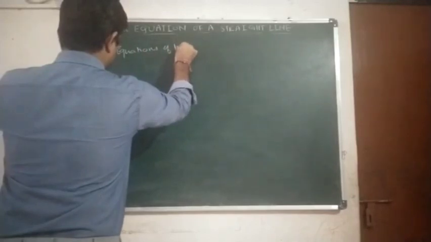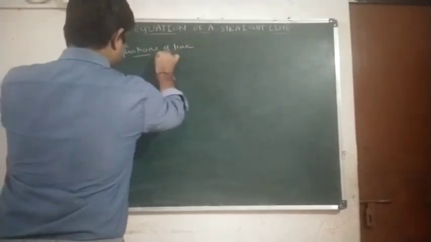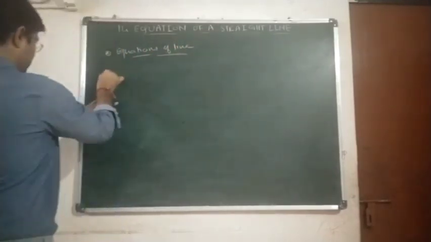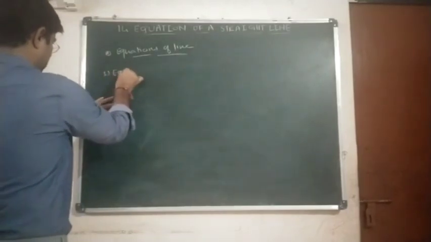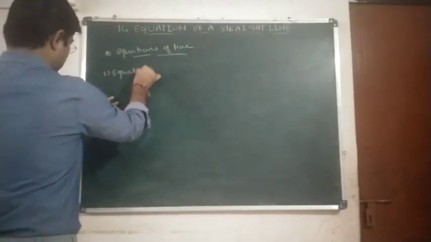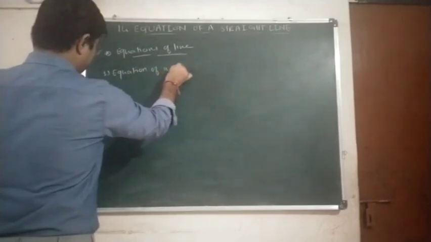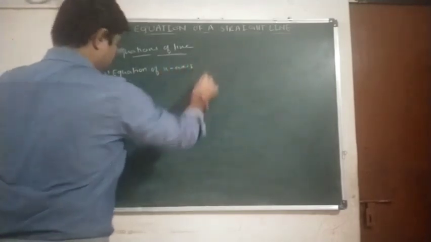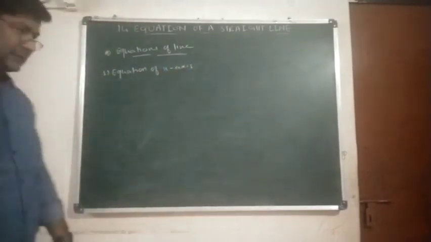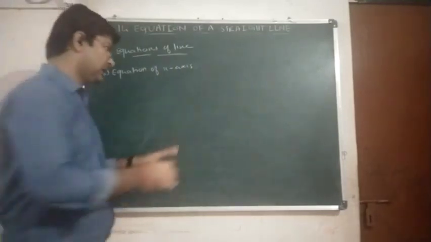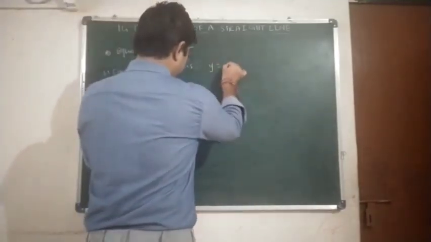Okay, number 1, equation of x-axis. We know that on the x-axis the y coordinate is 0, and therefore we write y is equal to 0.